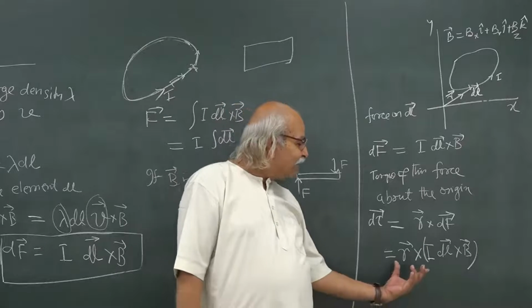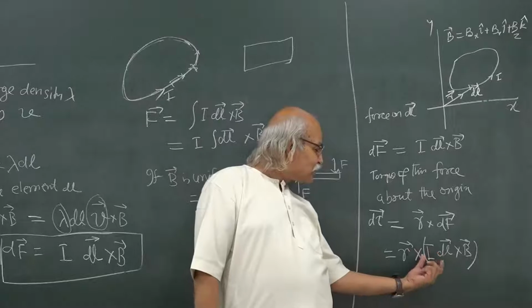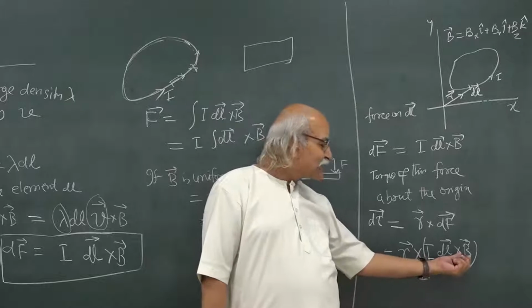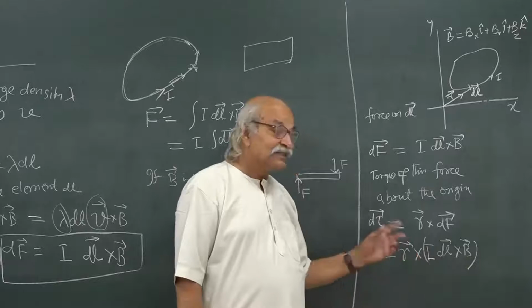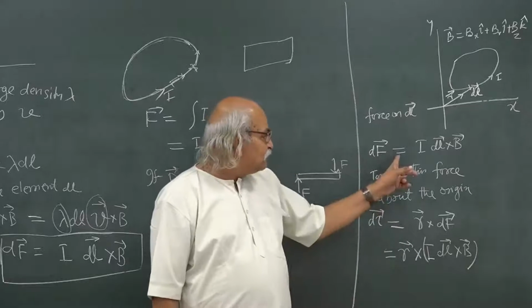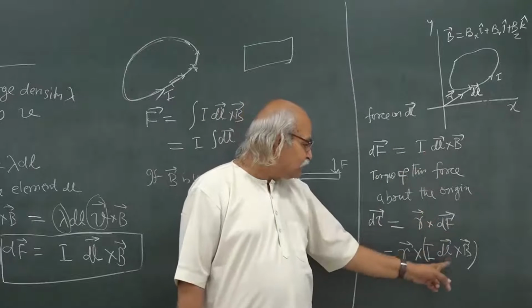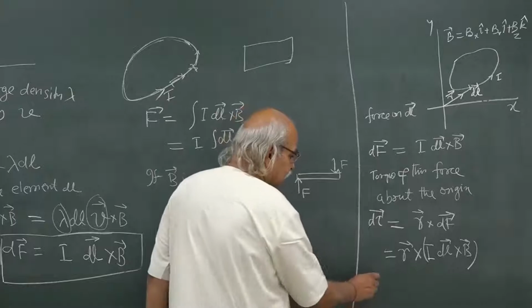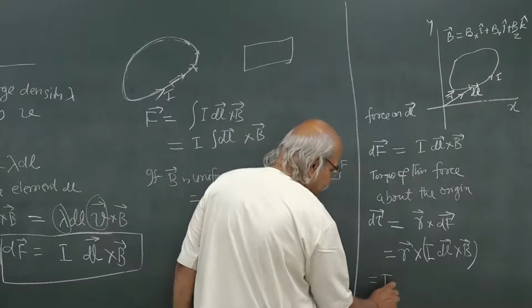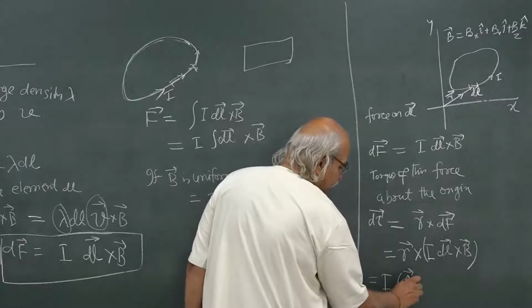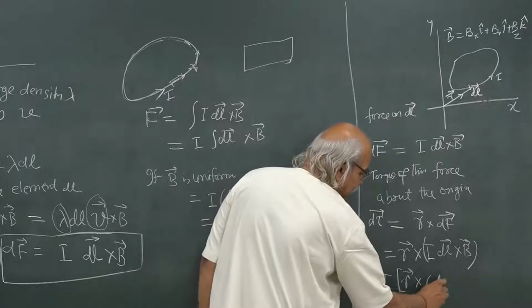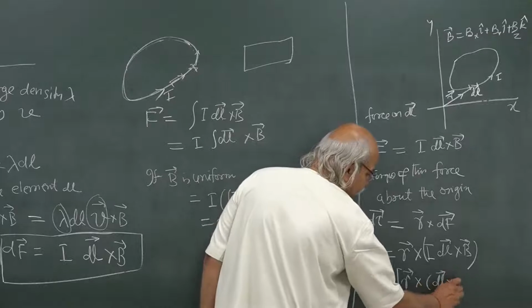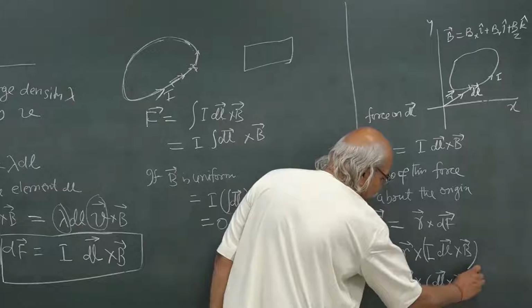It is not that either you do this cross first and after that this cross, or this cross and then that cross; they are different. So, dF is this, r cross dF, for dF we write this. So, this is I, and then r, cross, and then dl, and then cross B.